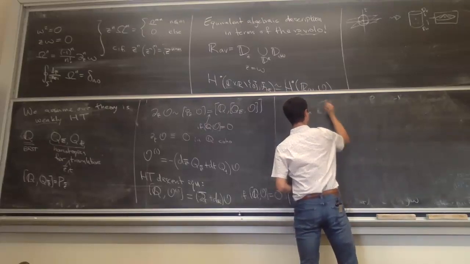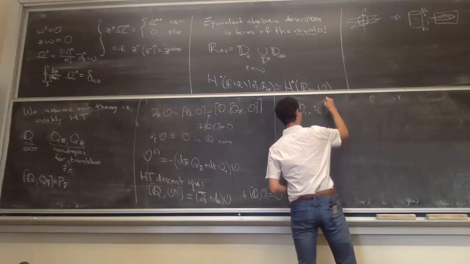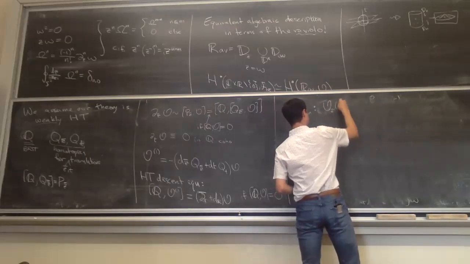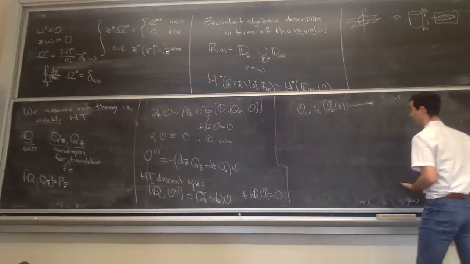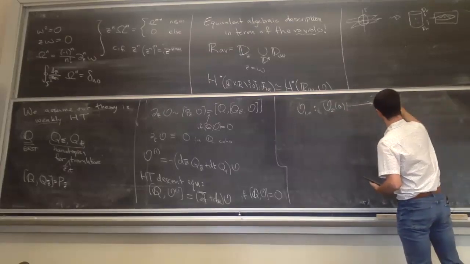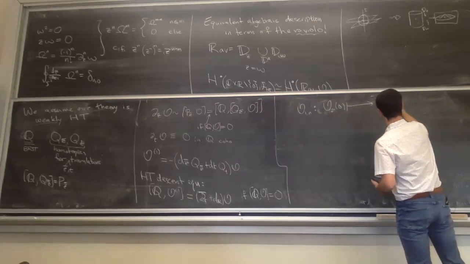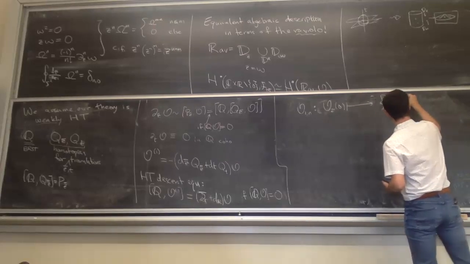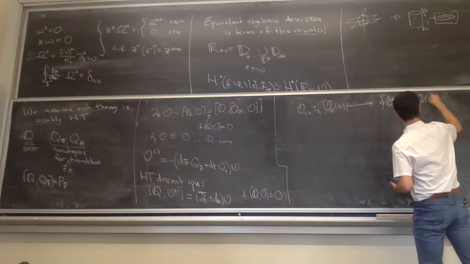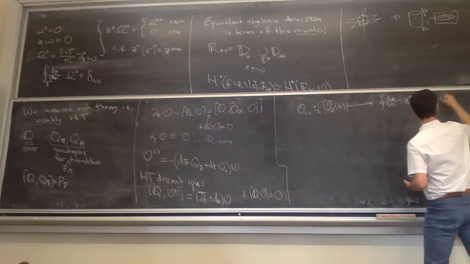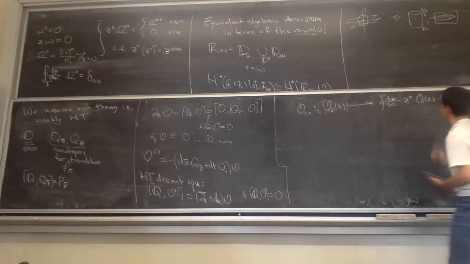I can act on a local operator O2 at the point 0 and get a new local operator, which is going to be an integral dz over 8 pi I, z to the n, O1 of z, O2 of 0.